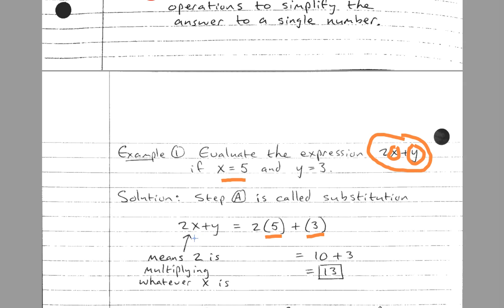And pointing out here, this 2x, this 2 is multiplying the x. We've seen that before. So it's 2 times whatever x is here. X is 5, so that's 2 times 5.